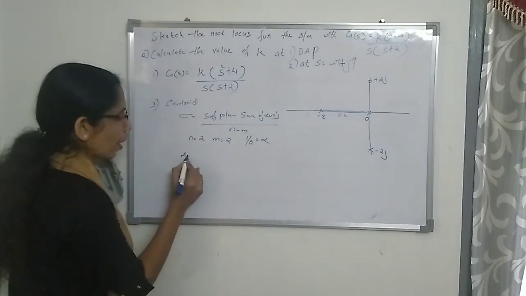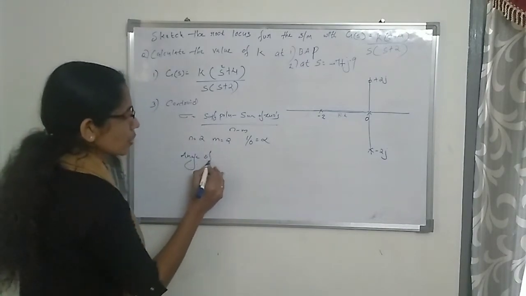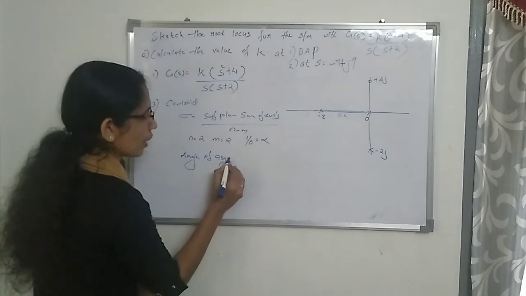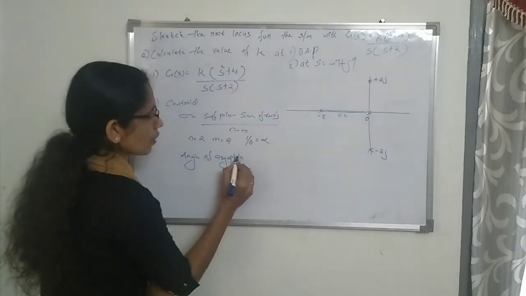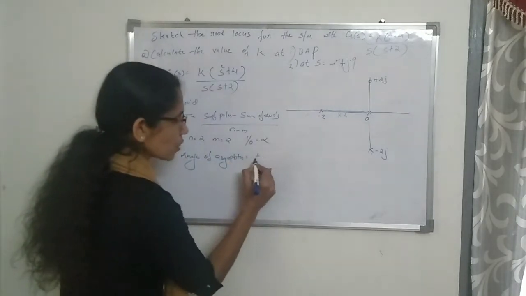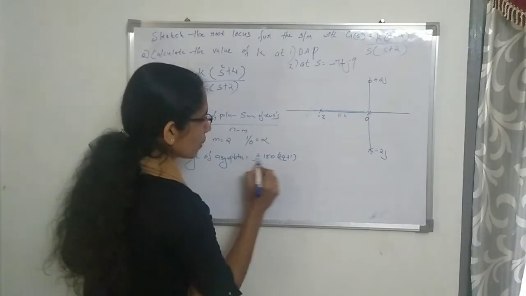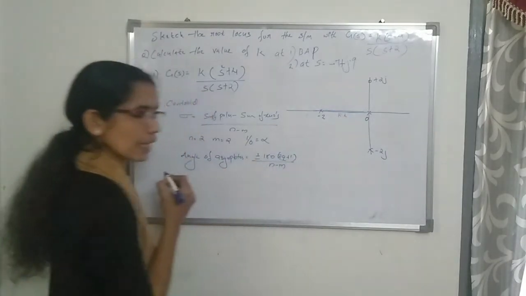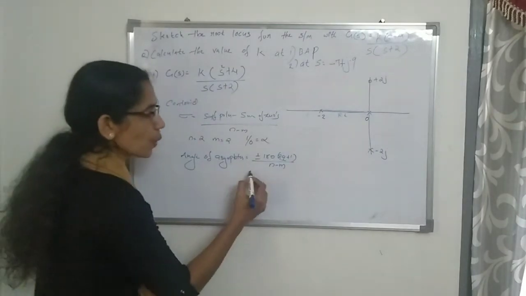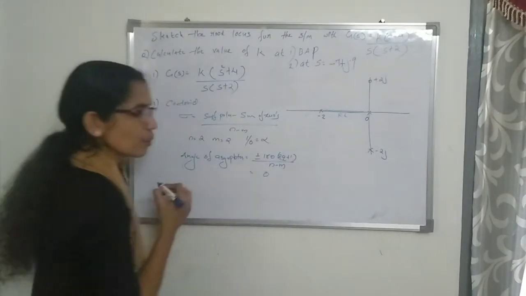Next, our equation is the angle of asymptotes. The angle of asymptote is plus or minus 180 into (2q + 1) divided by n minus m. Here also n minus m equals 0.